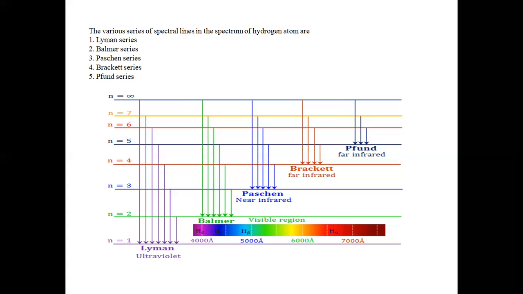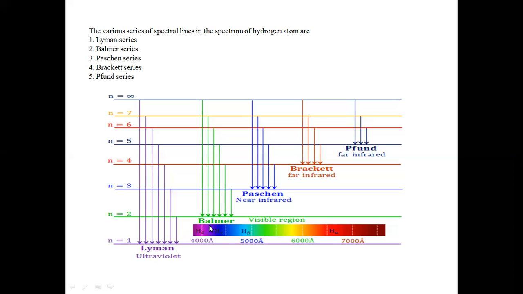These series of lines are observed in the ultraviolet region of the electromagnetic spectrum. So this is about the Lyman series.